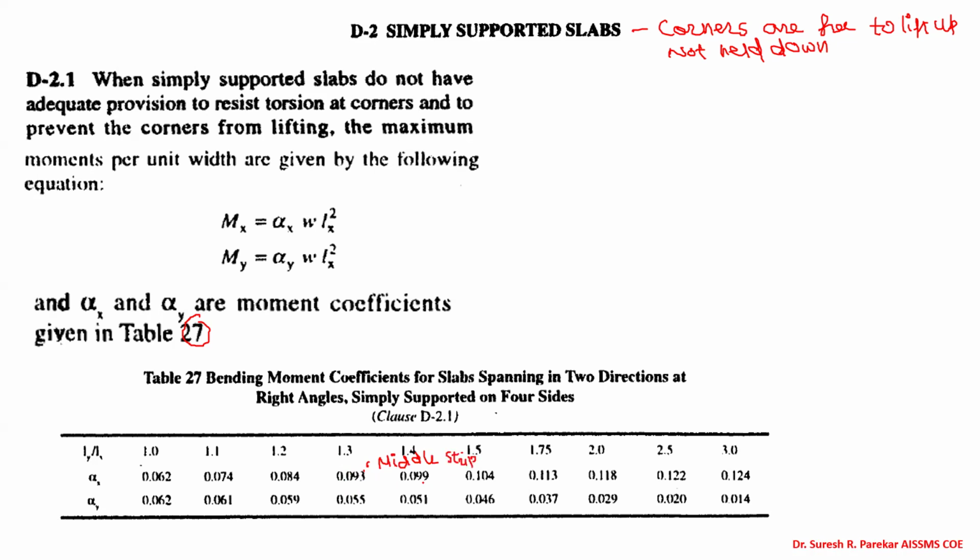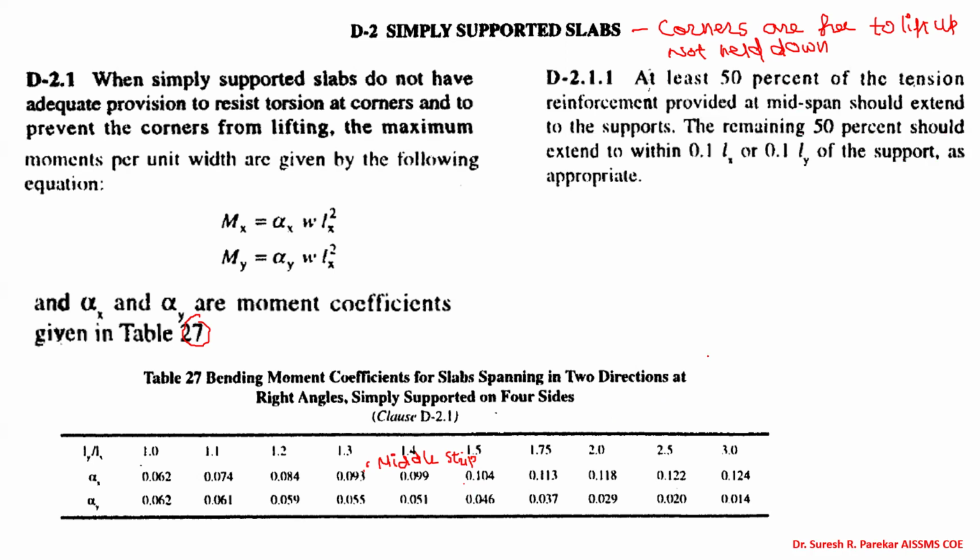So for this moment, the reinforcement we have to calculate using this, and the reinforcement for that moment will be in the middle strip, and in the edge strip we have to provide minimum. Again, you can see this value we have given 1 to 3, but we have 1 to 2. Then we have given 50%, that we have already seen. We have to take it inside the support, and the remaining 50% we can bend up or curtail.